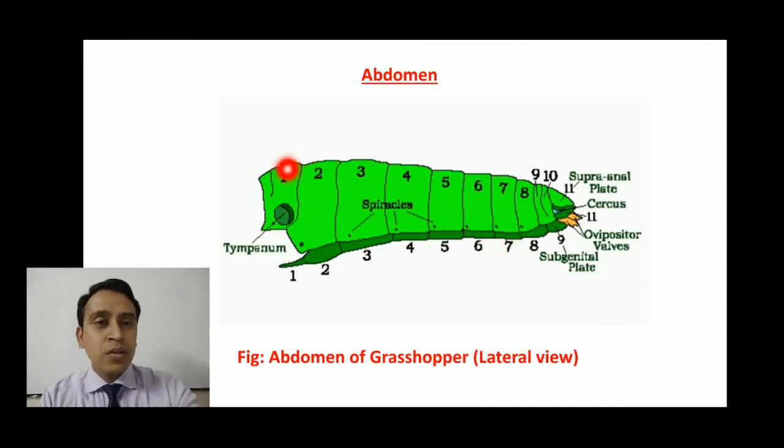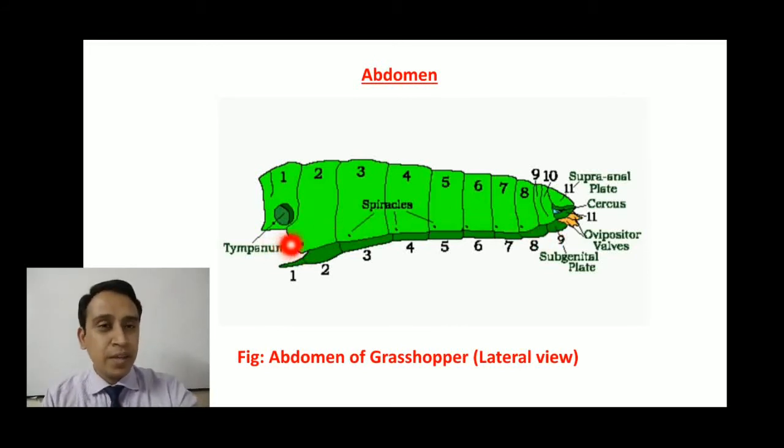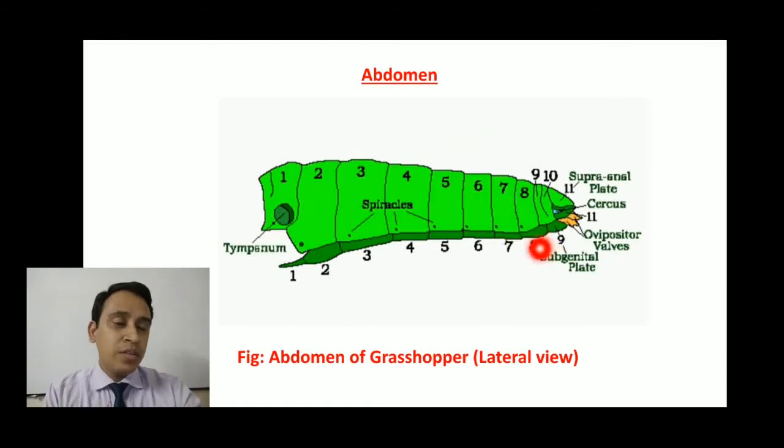In the first segment of the abdomen, there is a pair of membranes called tympanum or tympanic membrane. The auditory sac is covered by this membrane, and from first to eighth, every abdominal segment bears a pair of spiracles. In case of male, in the 9th segment there is the reproductive opening, and in case of female, the 8th and 9th segments together form the reproductive opening.